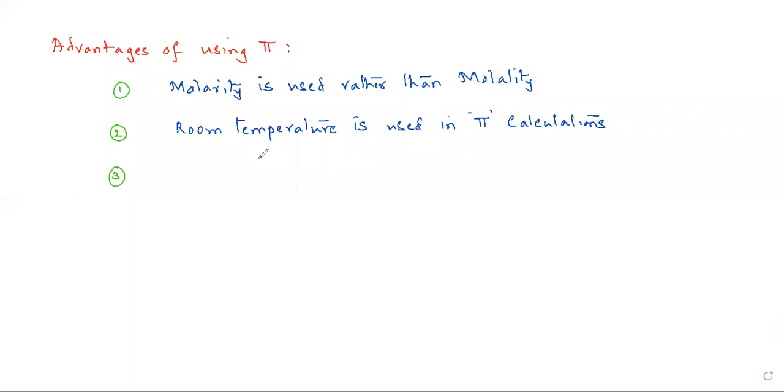Unlike the elevation in boiling point or the depression in freezing point, where delta TB generally will be in values like 0.00 something or 0.000 something. The same is the case with depression in freezing point also, where we get very low values, again in decimals. But here, it will be a significant value. It will be a considerable value.